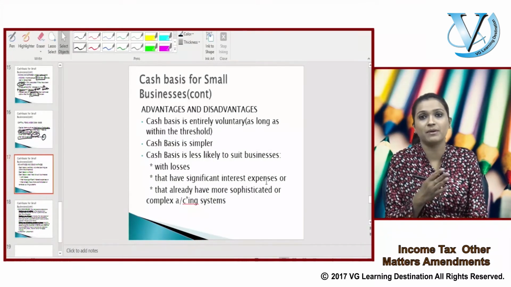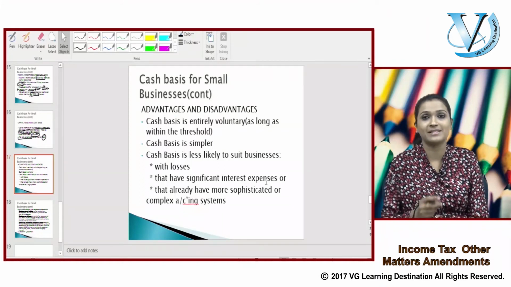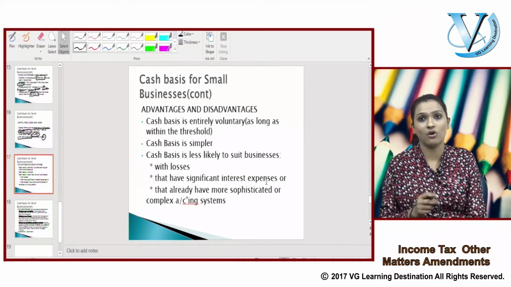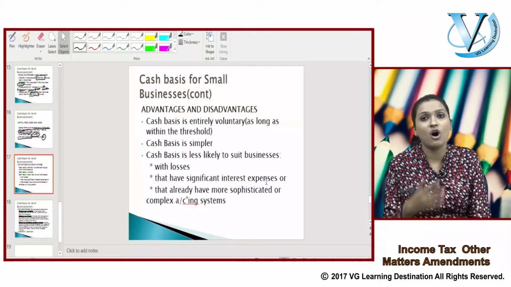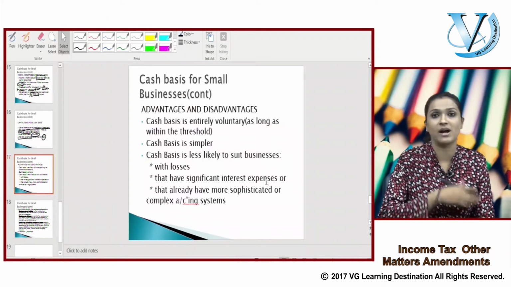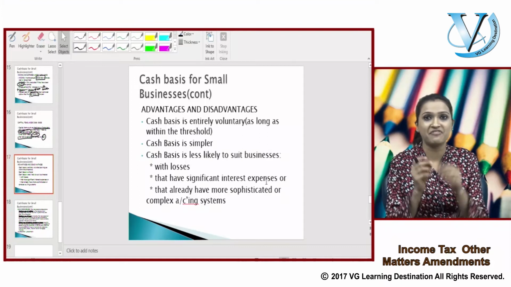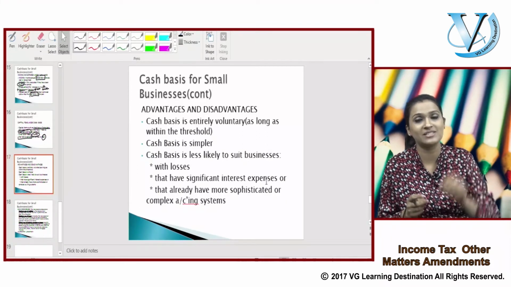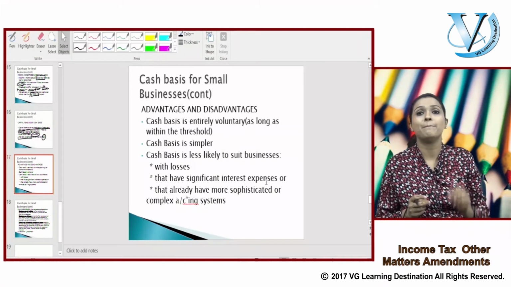Definitely, you're preparing your accounts on a cash basis, which means it's a very, very simplified way of preparing your accounts. You need not have huge cost in terms of your accountant and your accounting software. Why? Because all you're taking into account is the physical movement of cash in the organization. Cash receipts versus cash payments is what is being compared here.